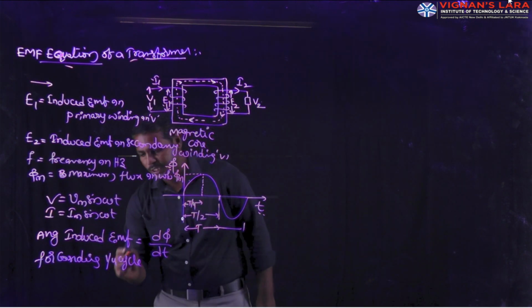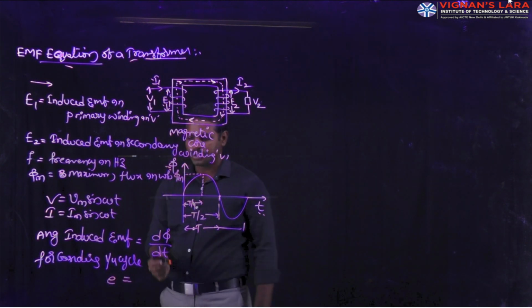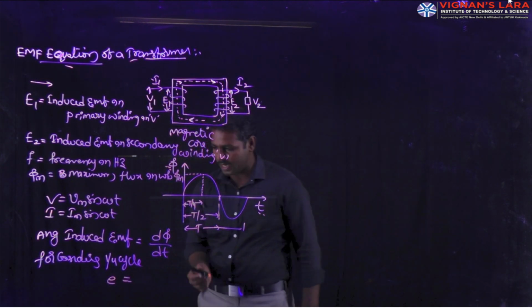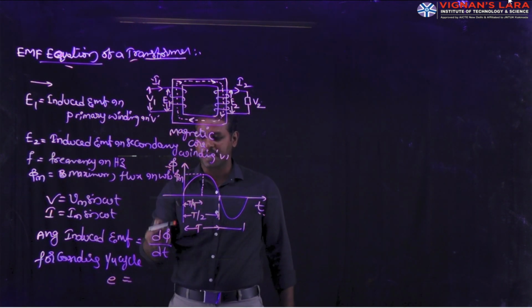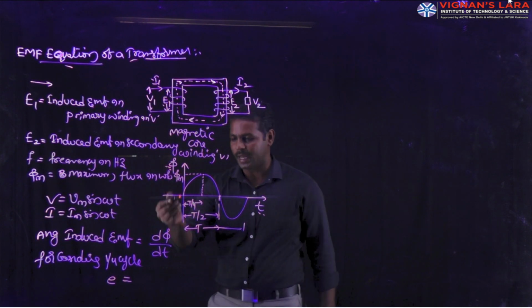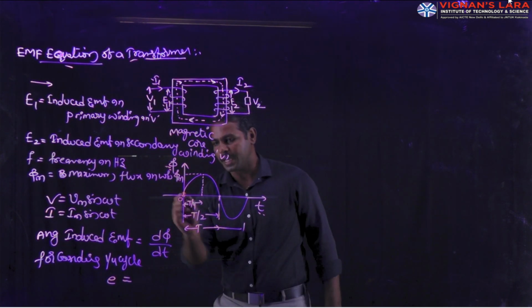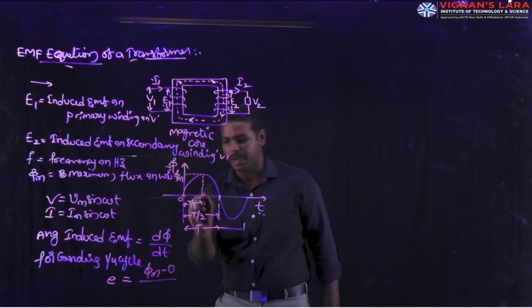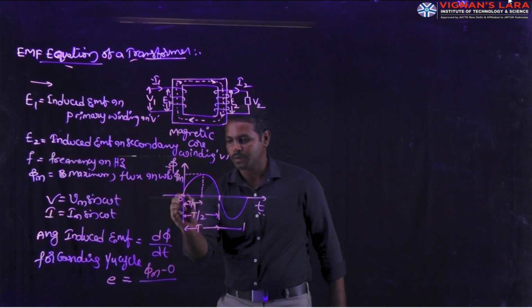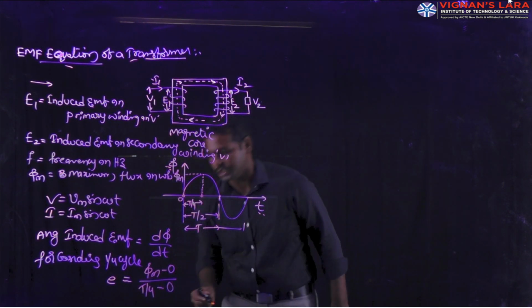The average induced EMF is denoted by small e, which is equal to d phi divided by dt. d phi is the change in flux, that is maximum flux minus minimum flux. The minimum flux is 0, so it is phi m minus 0, divided by t by 4 minus 0.